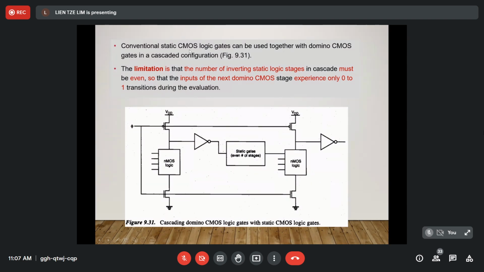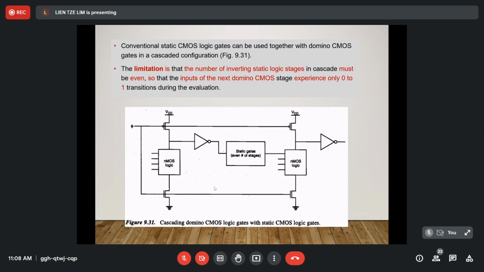Conventional static CMOS logic gates can be used together with domino CMOS gates in a cascaded configuration. The limitation is that the number of inverting static logic stages in cascade must be even, so that the input of the next domino CMOS stage experiences only a 0 to 1 transition during the evaluation. So you see here, this is figure 9.31, cascaded domino logic gates.